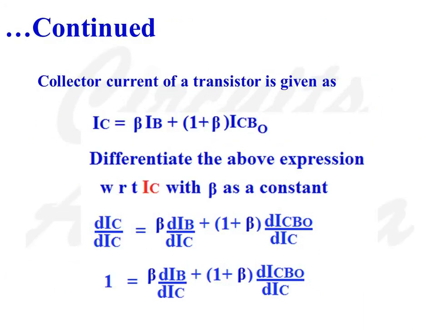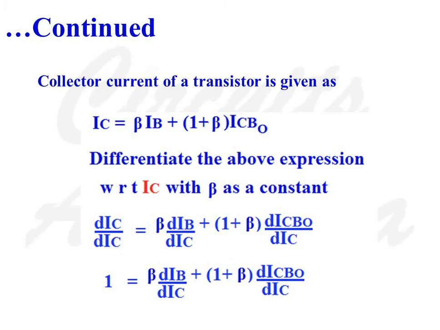For a transistor, collector current can be written as IC is equal to beta IB plus 1 plus beta into ICBO. Let us differentiate the above expression with respect to IC with beta as a constant.